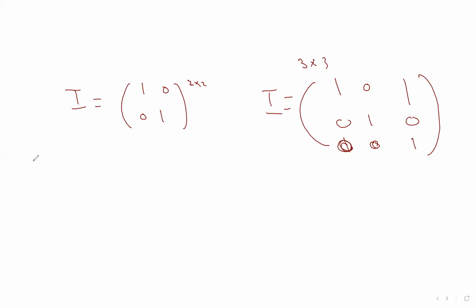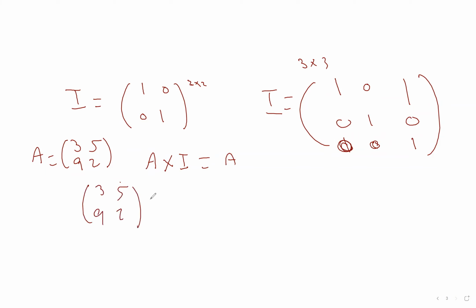لو قلنا A equals 3 and 5 9 and 2, find A multiplied by I. It will be A. نجرب كده. 3 and 5 9 and 2 times 1 and 0 0 and 1. 3 times 1 is 3, 5 times 0 is 0. 3 times 0 is 0, 5 times 1 is 5. 9 times 1 is 9, 2 times 0 is 0.